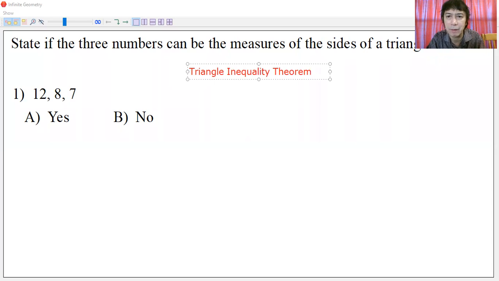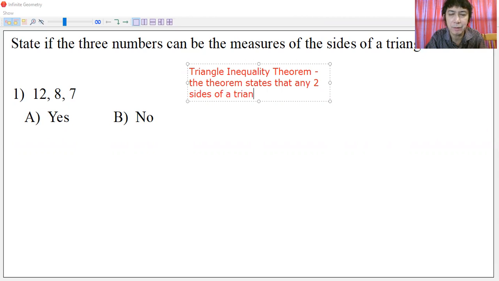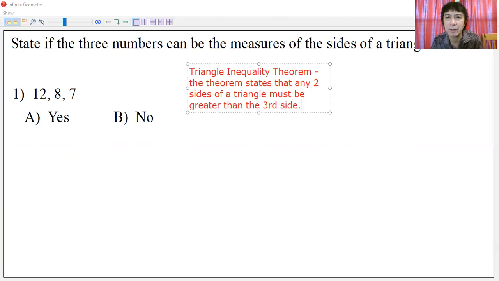For any triangle, the theorem states that any two sides of a triangle must be greater than the third side.